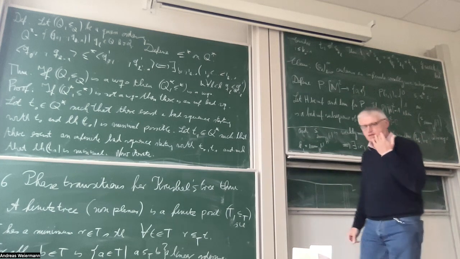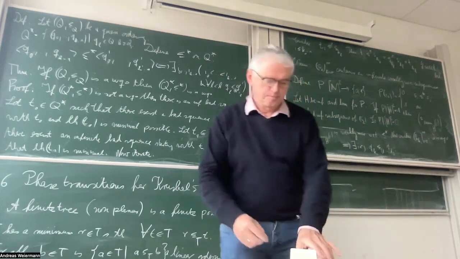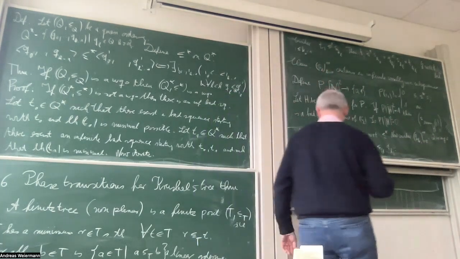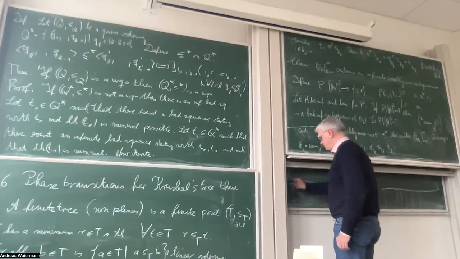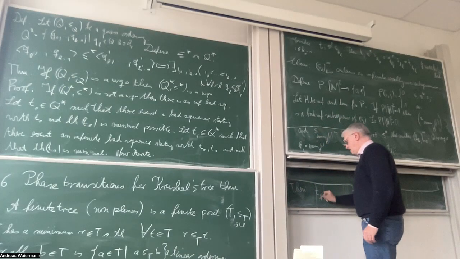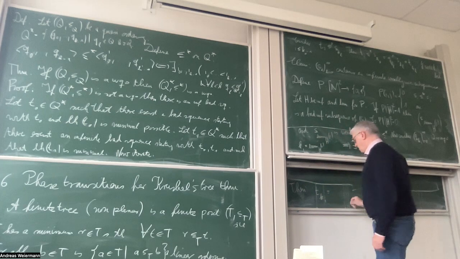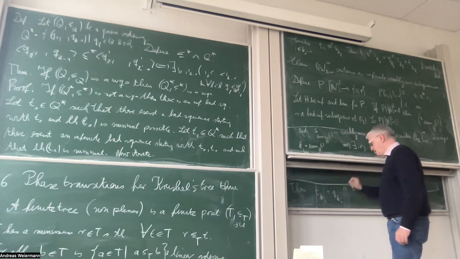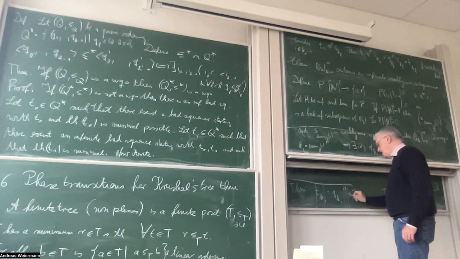Now finally comes the trick. What does this mean? We have here T_{k_i}, starting with the element q_{k_i}. Then comes S_{a_i}.